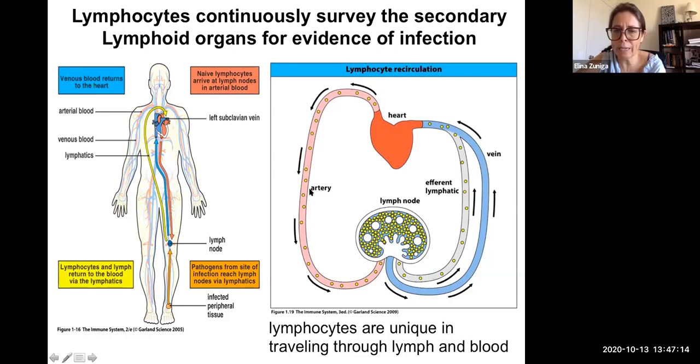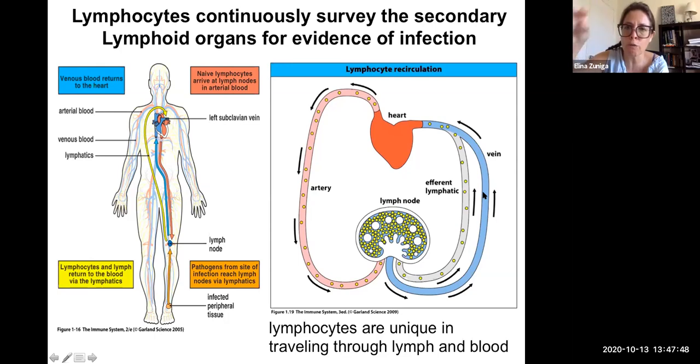And so the lymphocytes, the naive B cells and T cells, will arrive to this lymph node via the blood and will leave these lymph nodes via the efferent lymphatics, okay? And may enter another lymph node here because we have many lymph nodes in our bodies. And so it may enter another lymph node via the afferent lymphatic and then again leave via the efferent lymphatic.